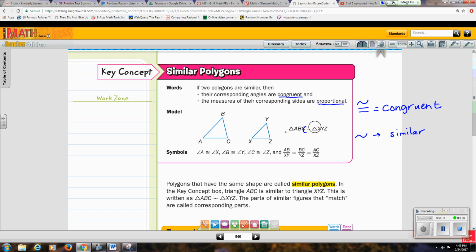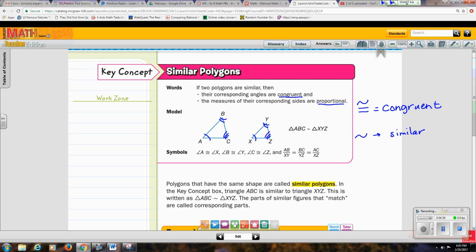Okay, so what they've done down here is they have told you that angle A is congruent to angle X. So I'm going to use my little arc marks. You may already have them. I'm not sure if your book does or not. And angle B is congruent to angle Y. So I'm going to put 2 marks there. And then angle C is congruent to angle Z. So I'm going to do my 3 marks there.